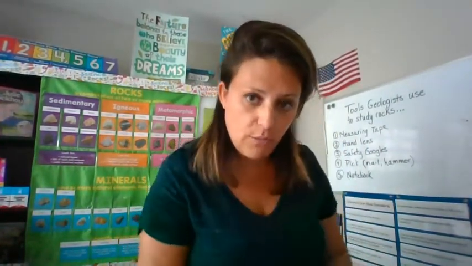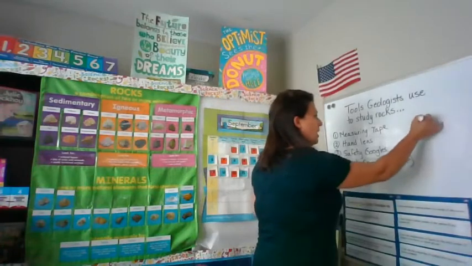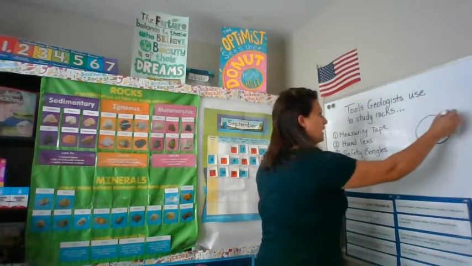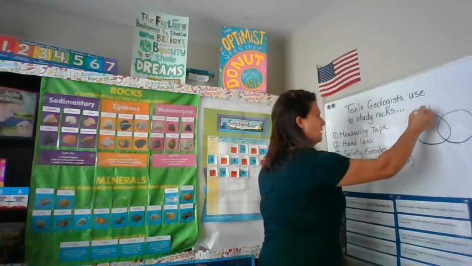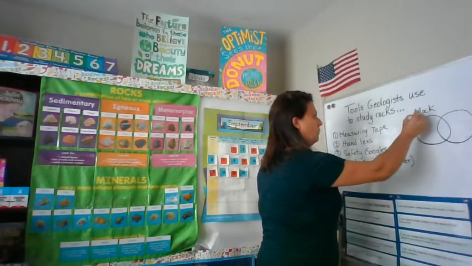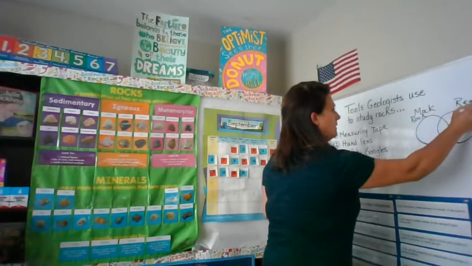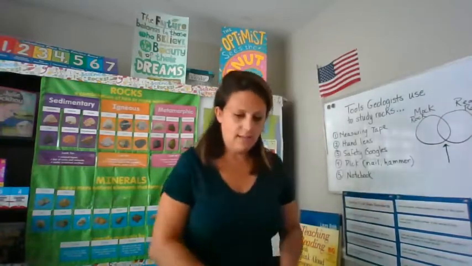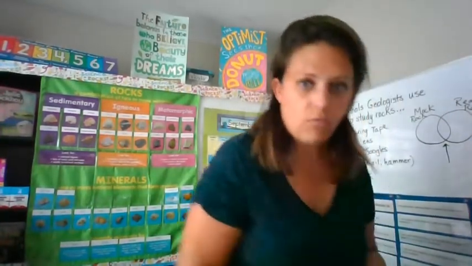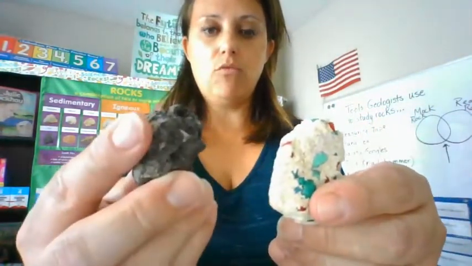And one other small thing: I want you to think about comparing and contrasting a mock rock with a real rock. One thing that's going to be the same, if I look at my two rocks right here, this is my mock rock, and this is my real rock.